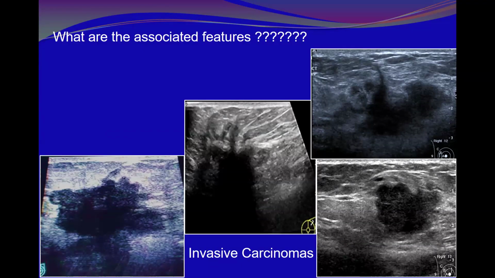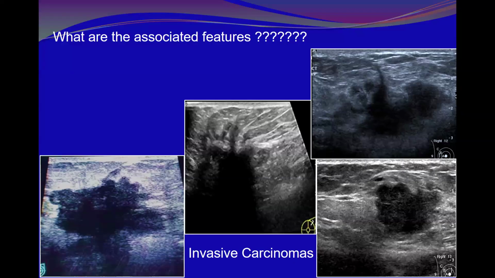Okay, what are the associated features in these invasive carcinomas? These 4 cases are my patients. Give me the associated features. Echogenic rind. Excellent. What else? Architectural distortion.